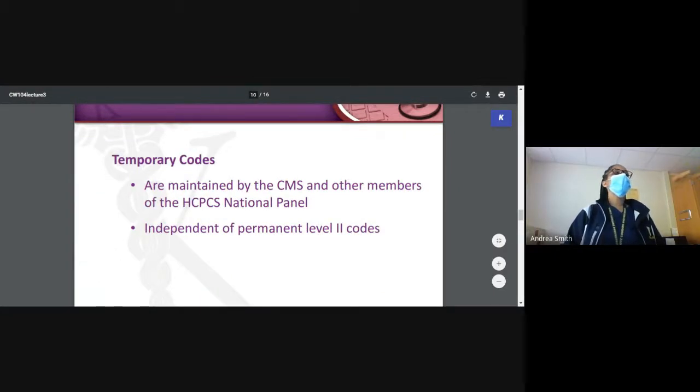Temporary codes are maintained by the CMS and other members of the HITPIX National Panel. These are independent of permanent Level 2 codes.